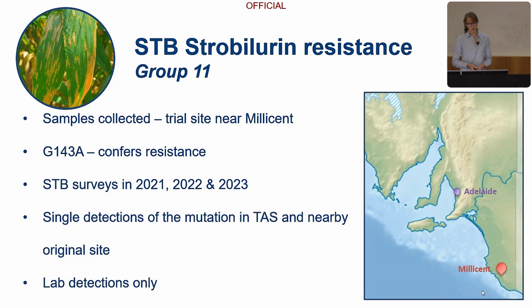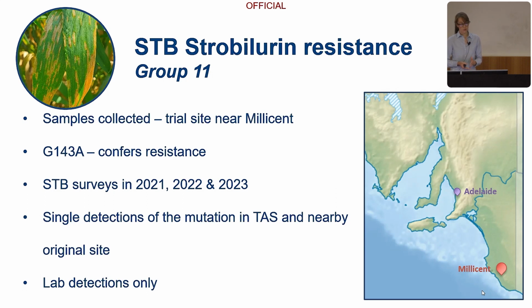So we have group 11 resistance in Septoria tritici blotch, which is the strobilurins. So in the cereals, we really only have 3 key fungicide groups available to us in terms of registrations. So group 11, this actually is at this stage lab detection only, so it's good news.